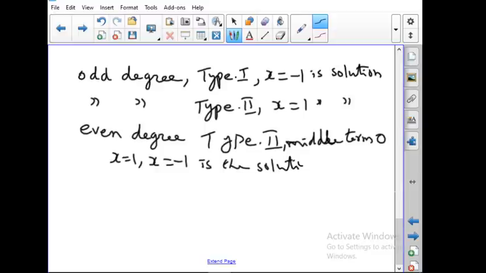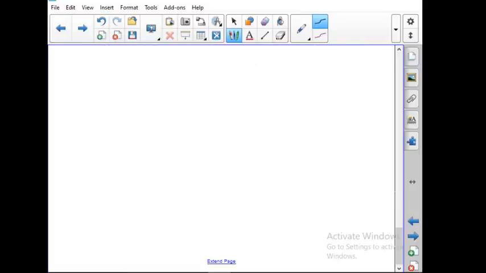So you have to remember all this. Then for an even degree of type 1, we can substitute x plus 1 by x as y, or x minus 1 by x as y, and reducing the degree we can solve and find the values. So you have to keep this in mind.